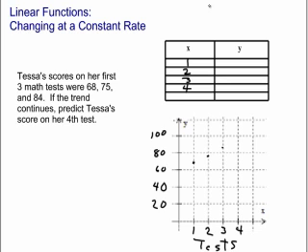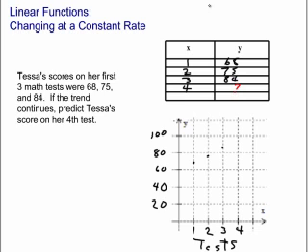And then we are not sure what she made on test 4. Now we do know the first 3, 68, 75, 84. So we can complete those in our table. But our question is, if the trend continues, let's predict Tessa's score on her 4th test.